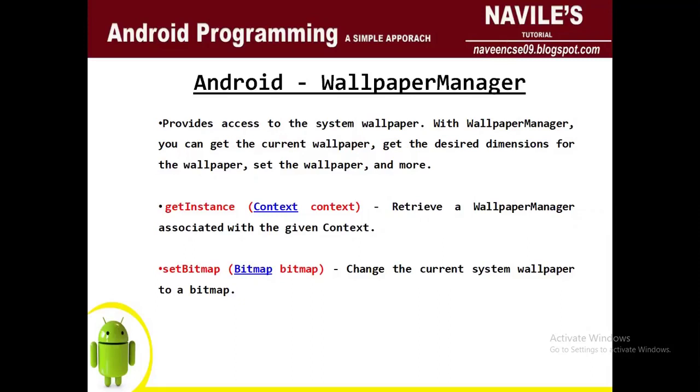But among the multiple functions supported by the WallpaperManager, we are going to make use of two methods. One is getInstance and another is setBitmap. The getInstance method is going to retrieve the wallpaper associated with the given context, which means it retrieves the current wallpaper, whereas setBitmap is a method which is used to change the wallpaper. These are the two methods available to us with the help of WallpaperManager, and that's why we are going to make use of WallpaperManager in our code.